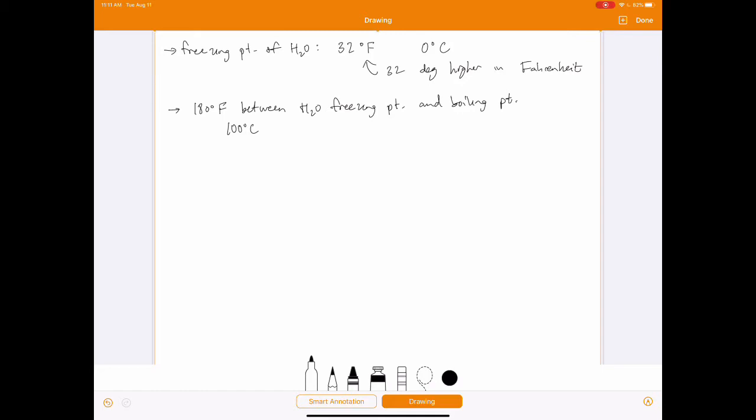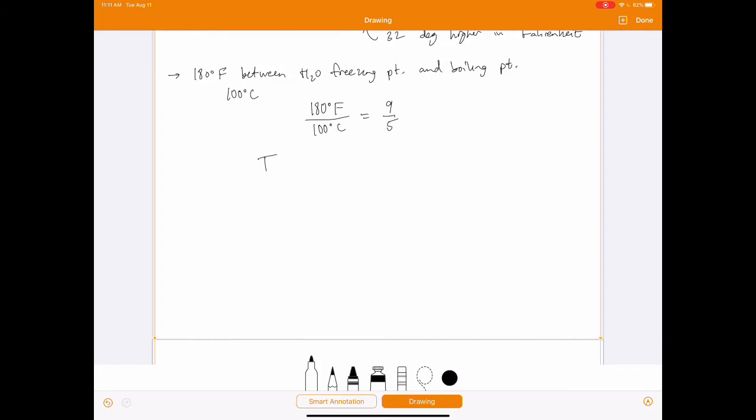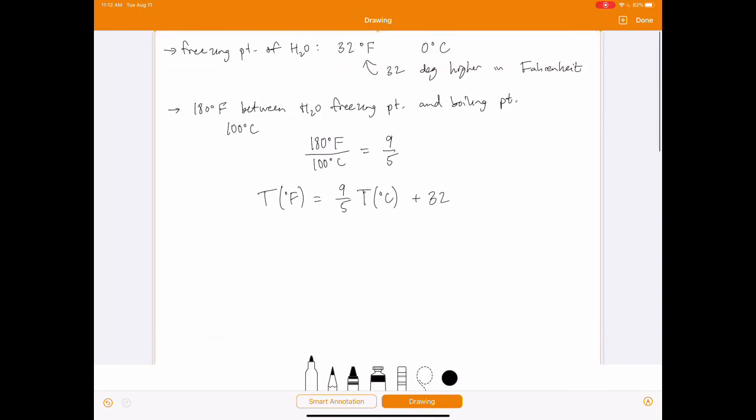So here we can take a ratio: 180 degrees Fahrenheit is equivalent to 100 degrees Celsius. And as a reduced fraction, that's 9/5. So that's where the conversion comes from. The temperature in Fahrenheit, first we have to take 9/5 times the temperature in Celsius, because again, the increments are different. But then we have to add 32 because one scale is offset from the other by 32 degrees. So that's where this comes from.